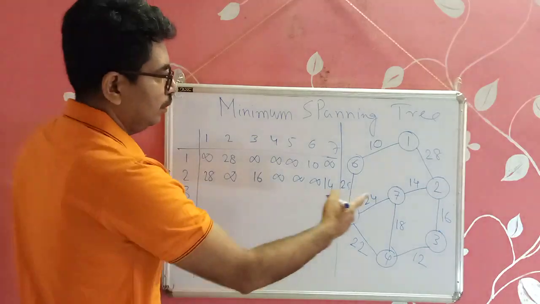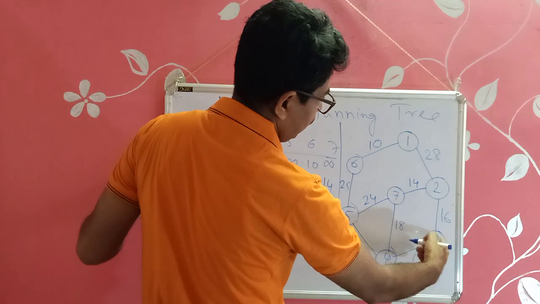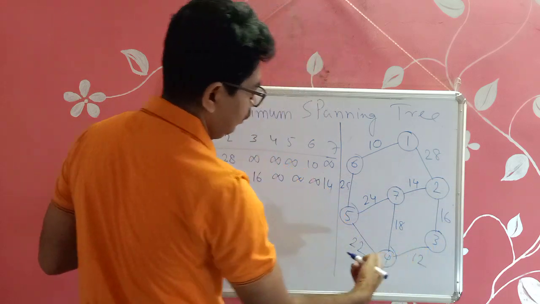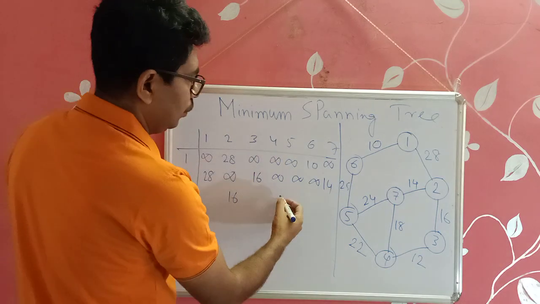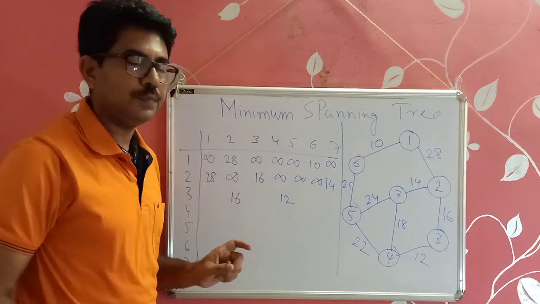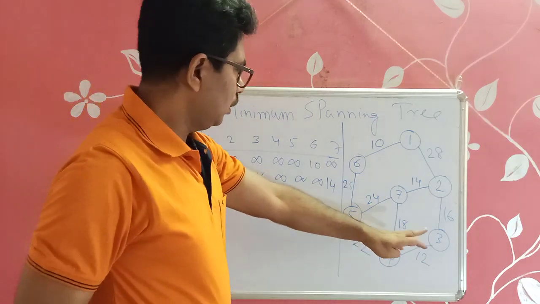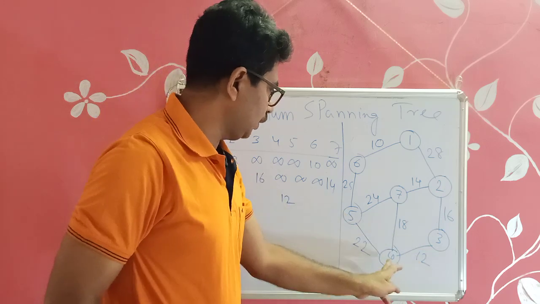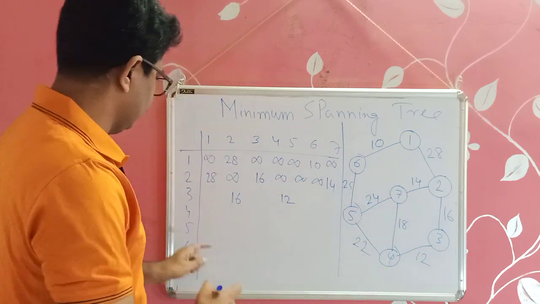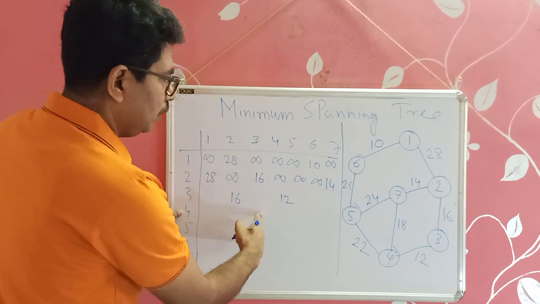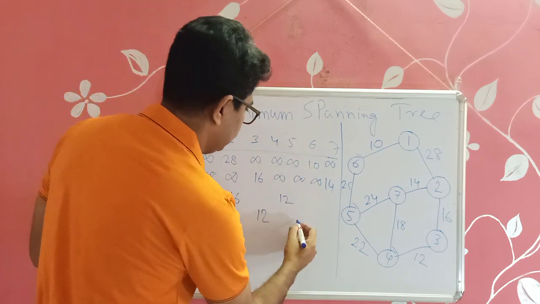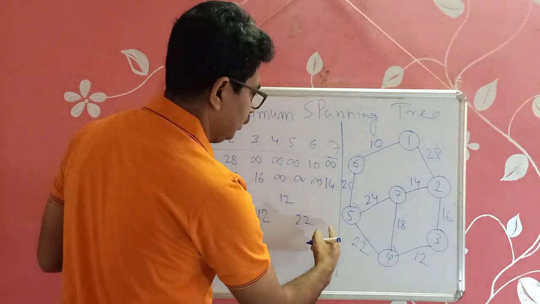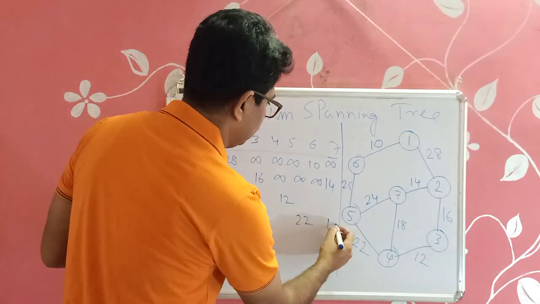Next 3. From the vertex 3 there are 2 edges, 3 to 2 and 3 to 4. 3 to 2 is 16, 3 to 4 is 12. Okay. Then from 4: 4 to 3, 4 to 5 and 4 to 7. 4 to 3 is 12, 4 to 5 is 22, 4 to 7 is 18.